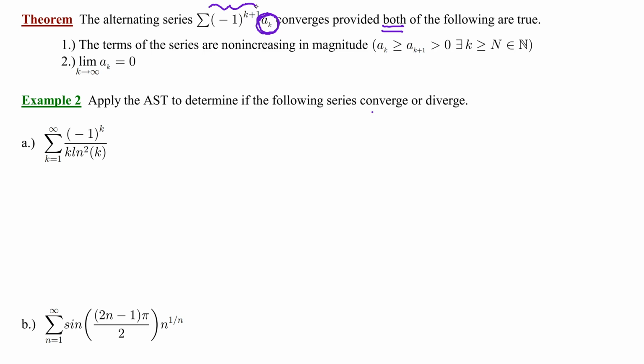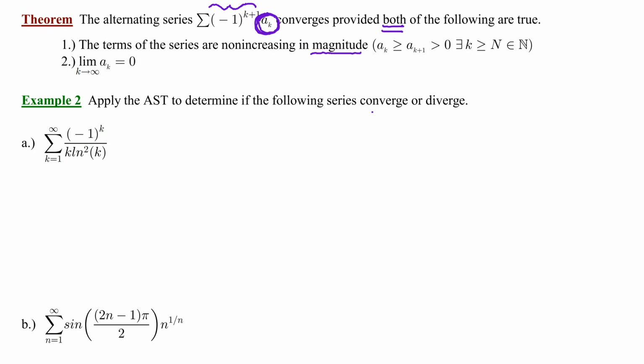Number 1, the terms of the series are non-increasing in magnitude. Now, this is similar to, but not exactly the same as decreasing, right? Non-increasing means it is either decreasing or staying the same. And again, it's talking about magnitude, so we're just looking at the substance of this term.